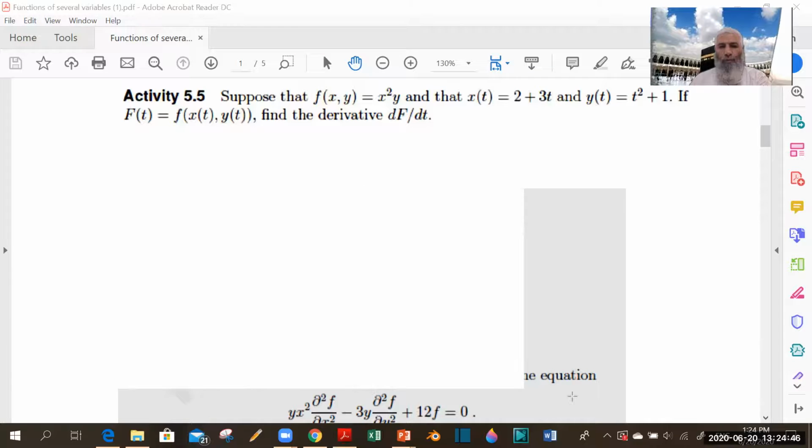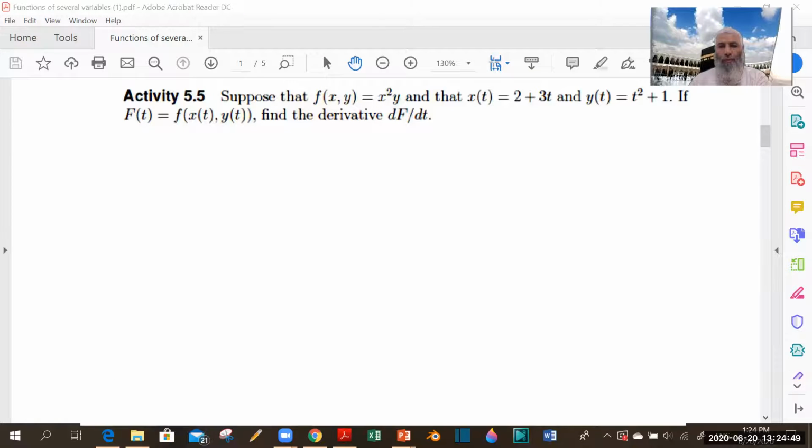Do you remember the rule of this? df dt equals what? I don't remember, to be honest.